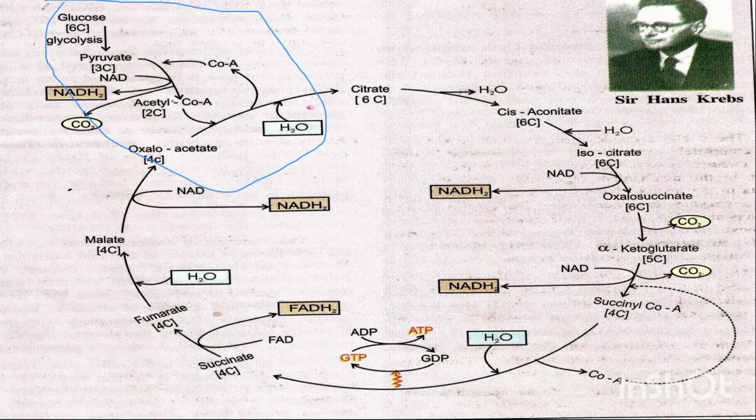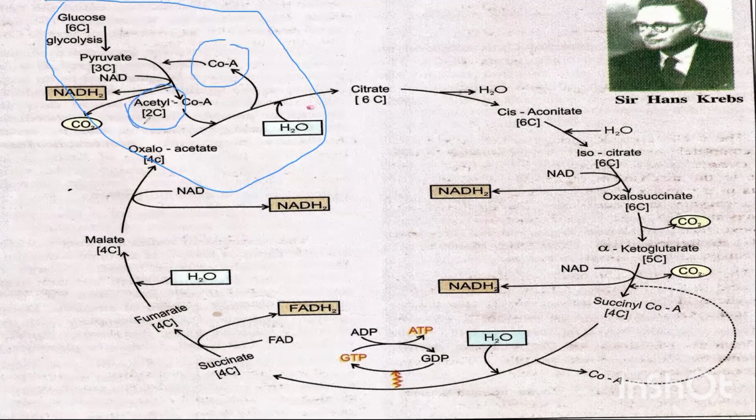As a result, a 2 carbon moiety will be produced, the acetyl moiety. This acetyl moiety will combine with coenzyme A, and collectively it will form acetyl-CoA. Now, this acetyl-CoA can enter into the mitochondrial matrix where it can undergo the process of the Krebs cycle.